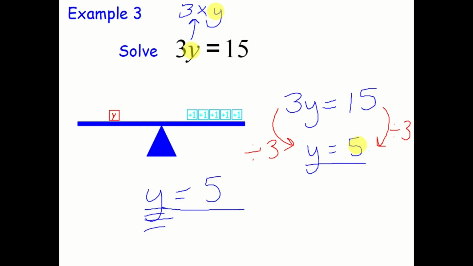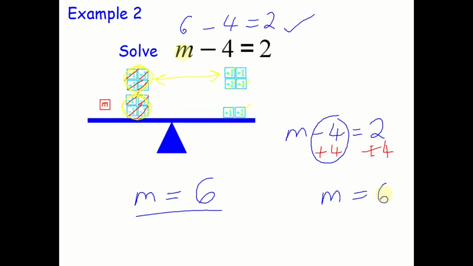So hopefully you are seeing now the pattern that is going on, because here, I'm just going to highlight it in blue. Here, if we had a minus 4, we did the opposite. We added 4 to be able to solve this equation.